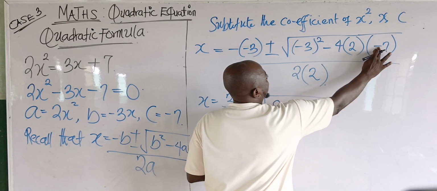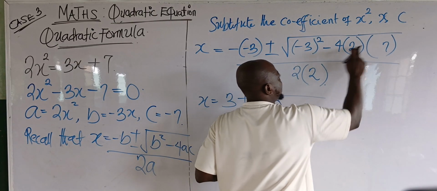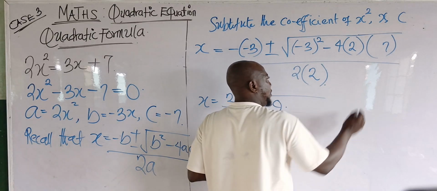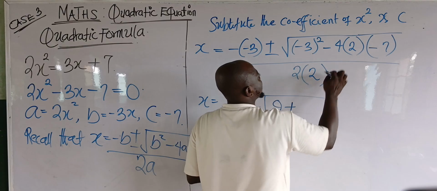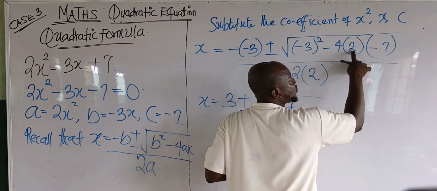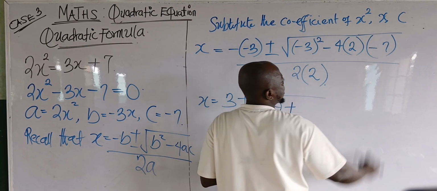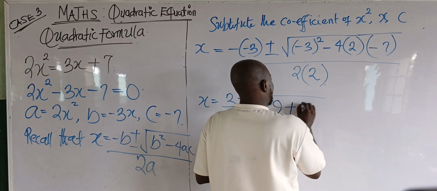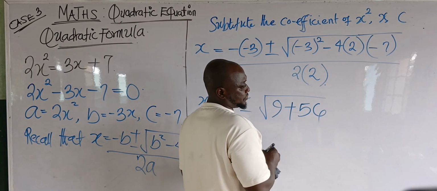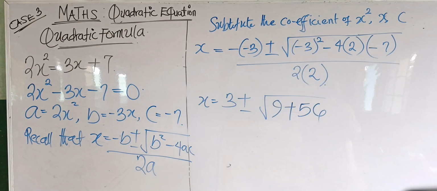Then this minus will affect this: because there's a minus sign here, minus times minus gives me plus. So this is 28, and 28 times 2 will give us 56 as our value.